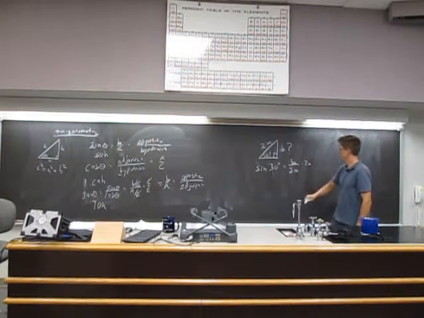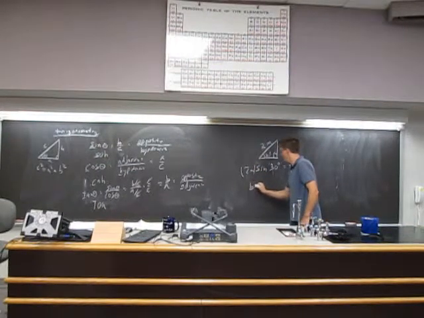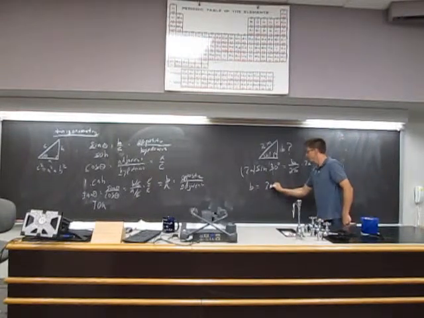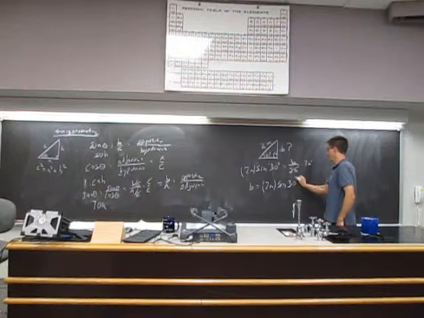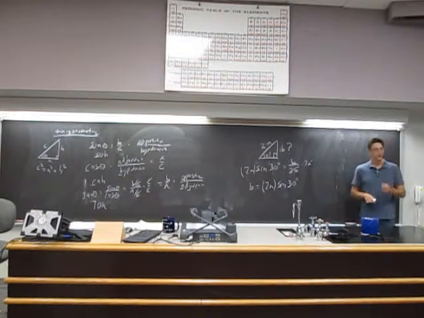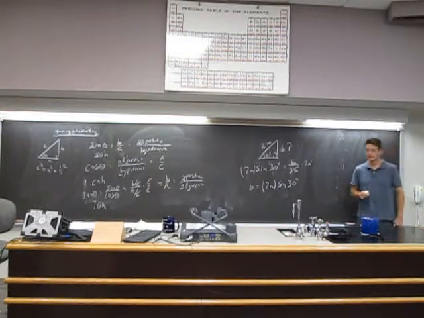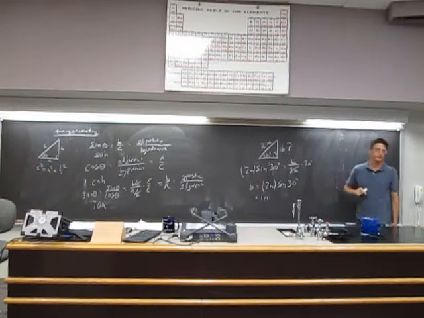And I would get that B is equal, it cancels out here, to 2 meters times sine of 30 degrees. Anyone know off the top of their head what that is? 1 meter. Good.